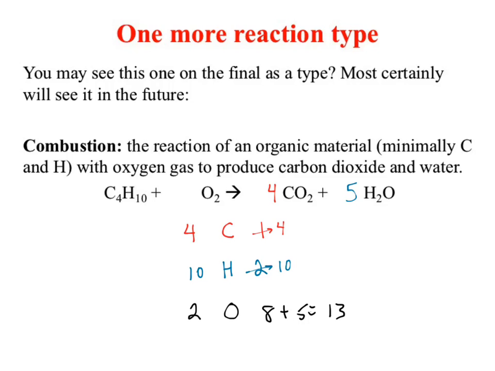Can I make 2 equal to 13? I would have to use a fraction of a molecule. Can I use a fraction of a molecule? No. I cannot use fractions of molecules. That's not allowed. So now this seems to be impossible to balance at this stage.